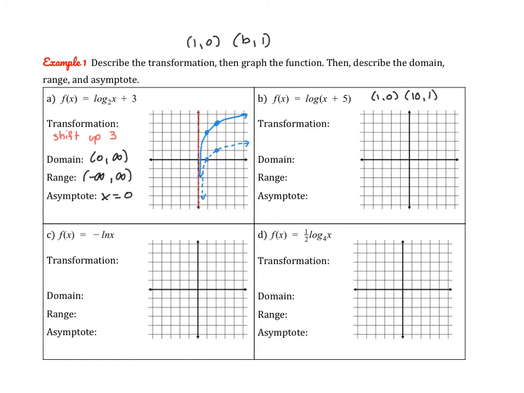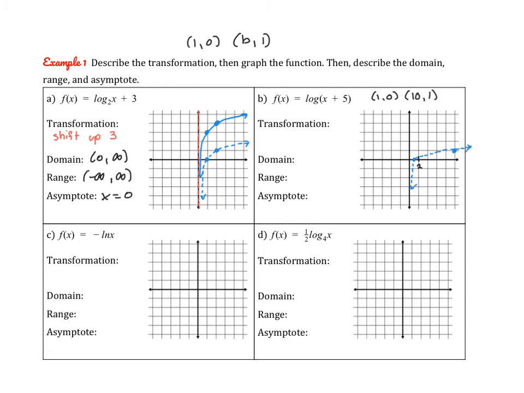So for this, I'll change the scale of our x-axis to count by 2's. So 1, 0 would be somewhere right around here, and 2, 4, 6, 8, 10, 1. The scale of my y-axis is still by 1's. So again, I'm going to do a dotted line to show that this is our parent function.